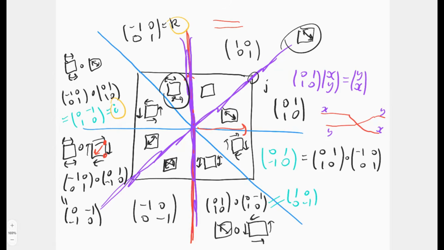Okay, so the next one then is this matrix over here, K. So what is going to be the string diagram corresponding to that?